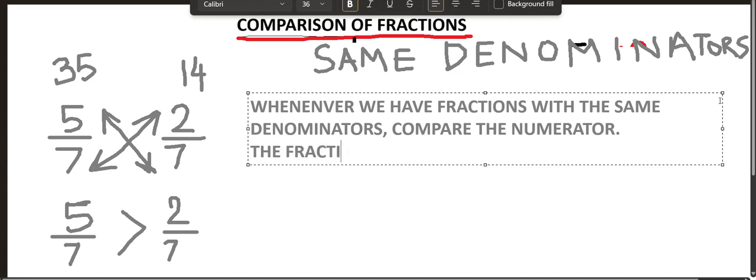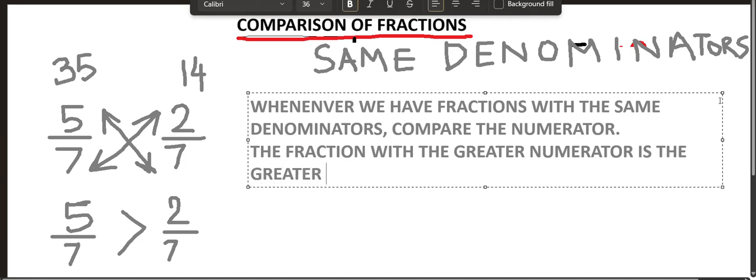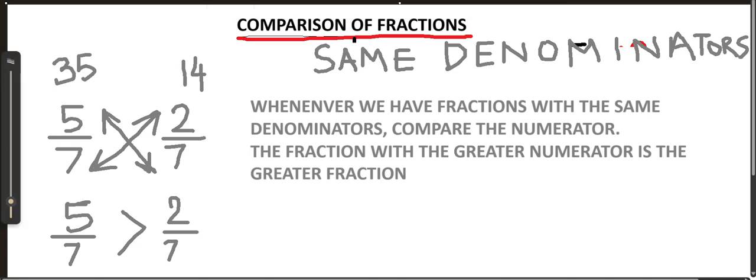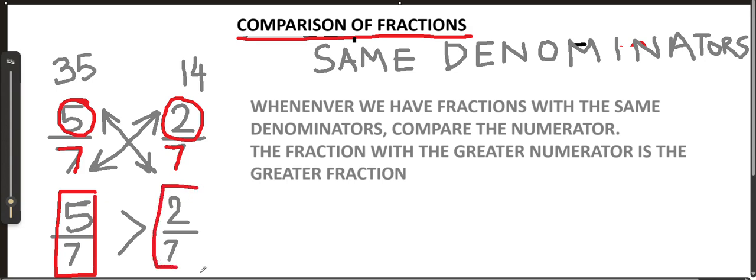The fraction with the greater numerator is the greater fraction. Okay? So this is the easiest way out. When we have the same denominators, just compare the numerator. 5 is greater than 2. That means 5/7 is greater than 2/7. As easy as that, right?